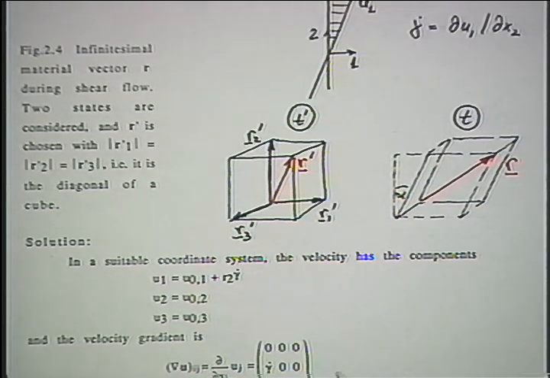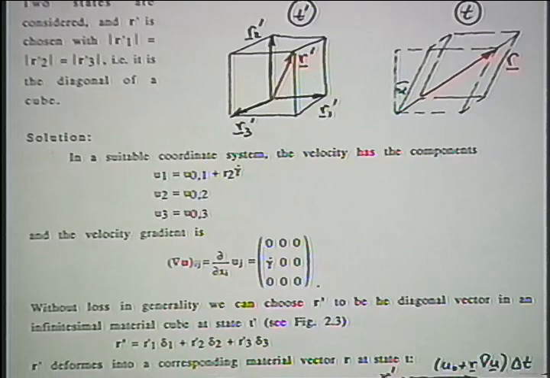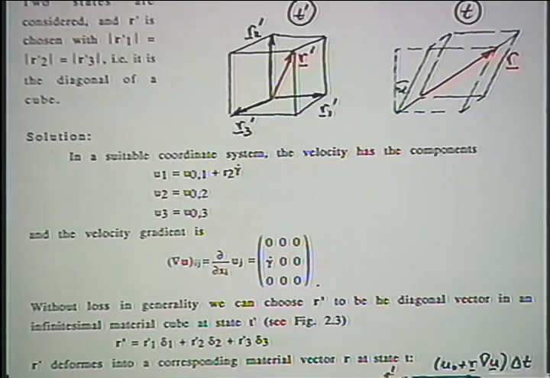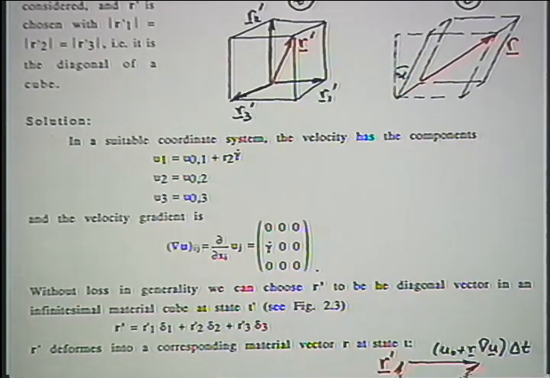Now, for that velocity field, we could define a velocity gradient. You could look at the velocity at one position and compare it with the velocity at some position, some distance away. And that would be higher or lower, and it's really defined by the local velocity gradient times the distance. So we need the velocity gradient for defining the velocity field. And we can now pick any material vector for formulating our deformation gradient.